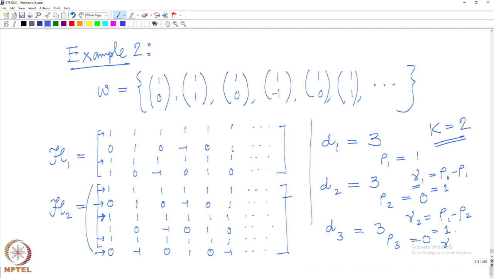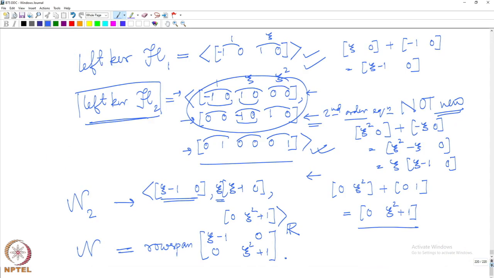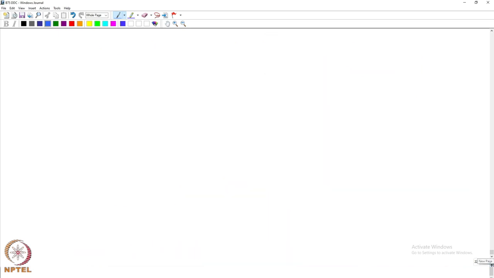But what is gamma 3? Gamma 3 will come out to be rho 2 minus rho 3, which is equal to 0, because rho 2 and rho 3 both are 0. So, therefore, no new third order equations, because we have reached saturation. So, I think with the help of these two examples you are able to at least get a grasp on what is happening as far as these invariants are concerned.